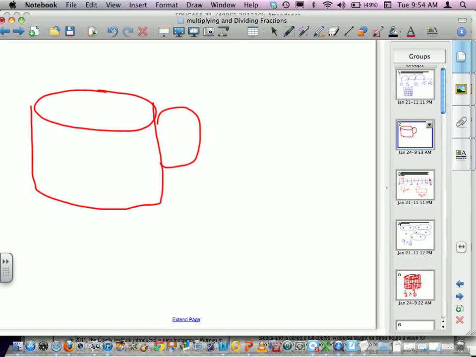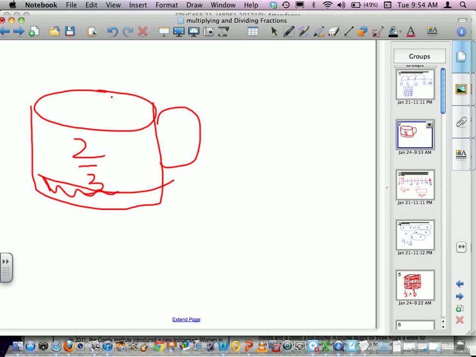I don't actually bake. That's kind of a joke. So this is 2/3 of a cup. If I had that 1/6 of a cup of sugar, how much full would it make this 2/3? It would fill it a quarter of the way.